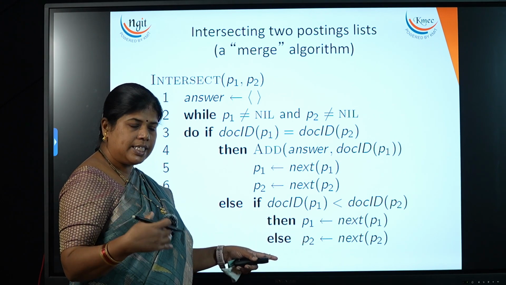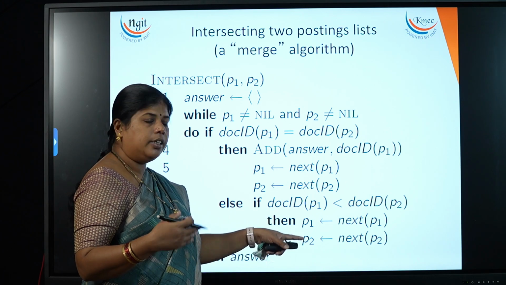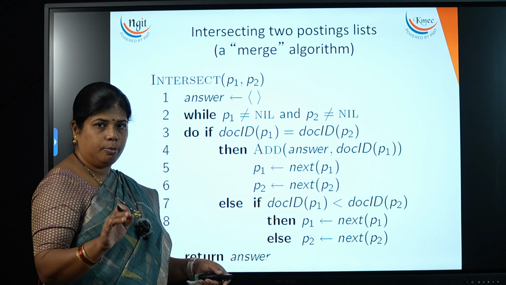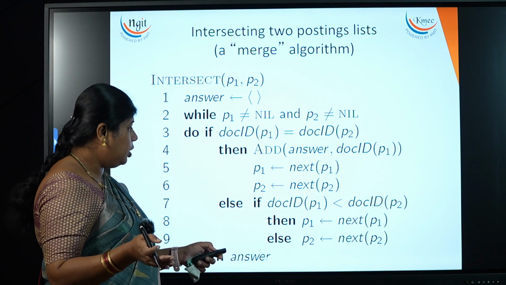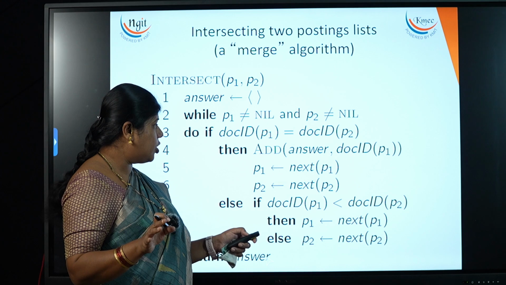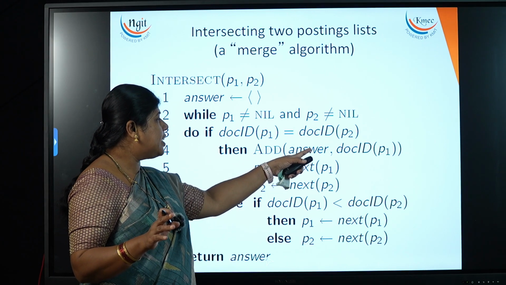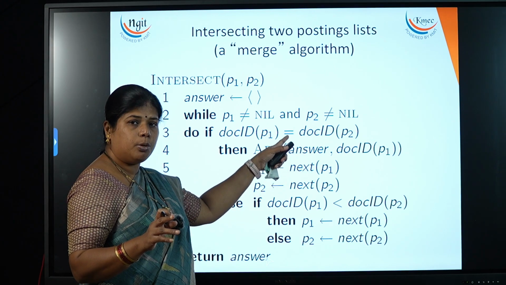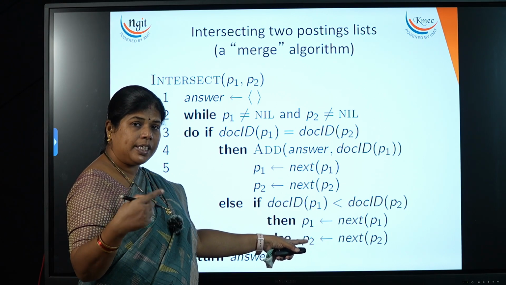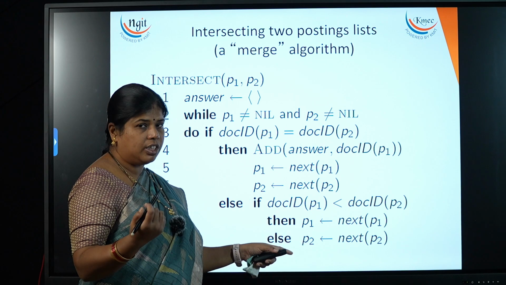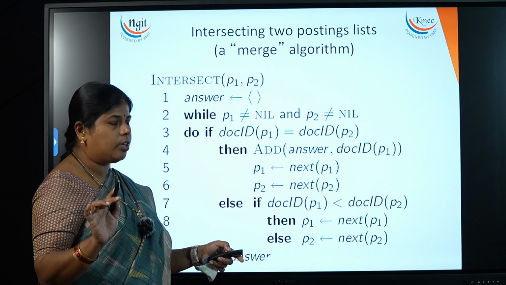Whichever is less, only that pointer will be moved to the next ID. This is only for finding the intersection. So I add to the answer only when both are the same. When they are not the same, to keep it in sorted order, I just move to the next node.